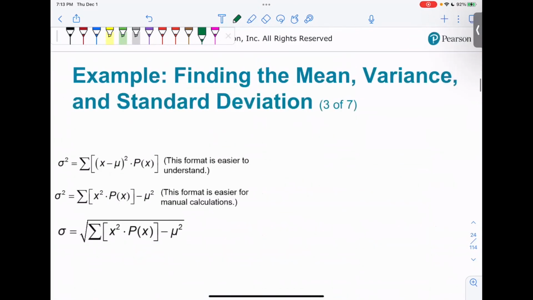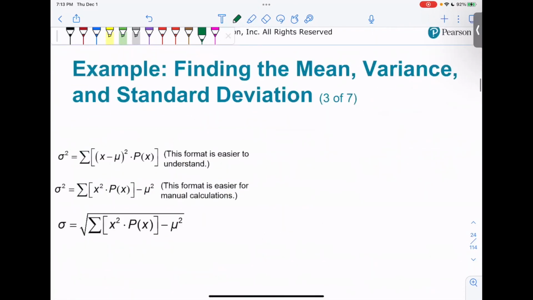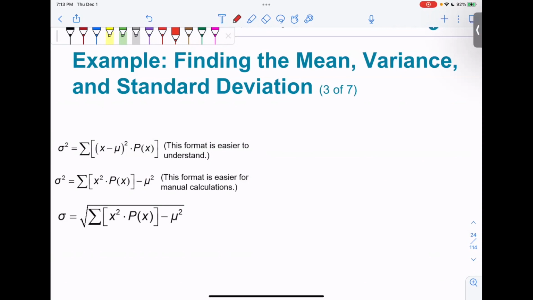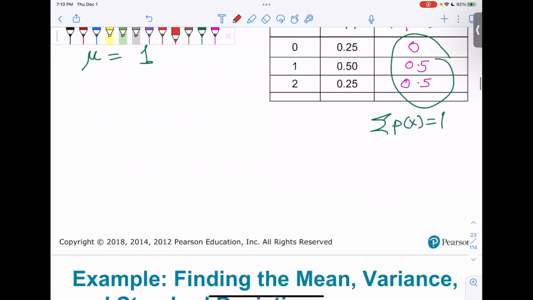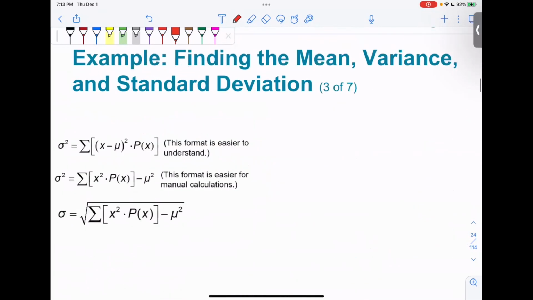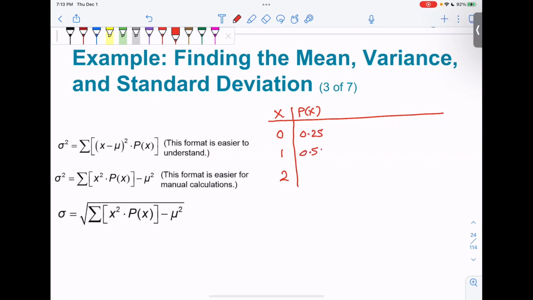Let's do it here. So we have X and we have p(x): 0, 1, 2, with 0.25, 0.5, 0.25.